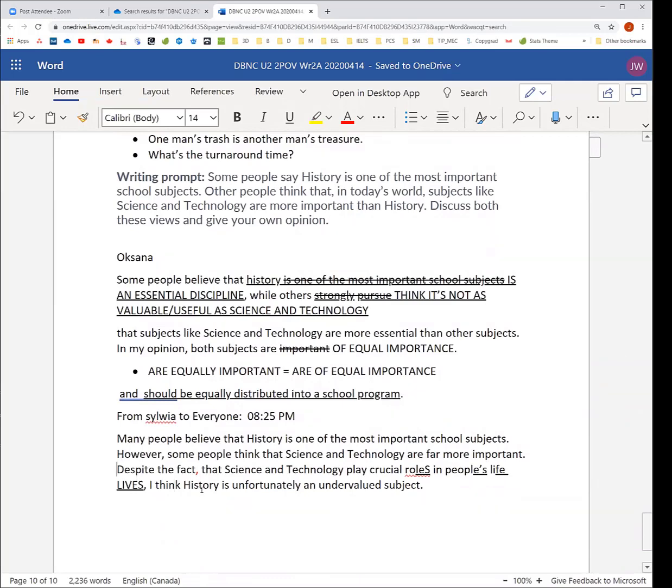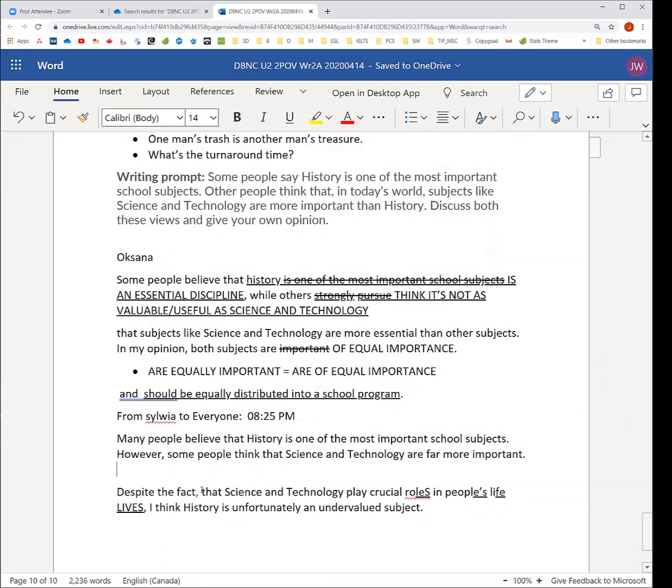Many people believe that studying history is. Now, this is in the prompt, so some people believe. Yes, but I would say that when you have people as your subject, people is not a strong subject. That's a good opportunity to use passive voice. What's the passive voice version of many people believe?